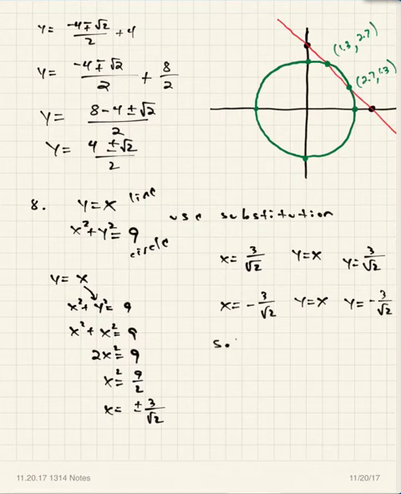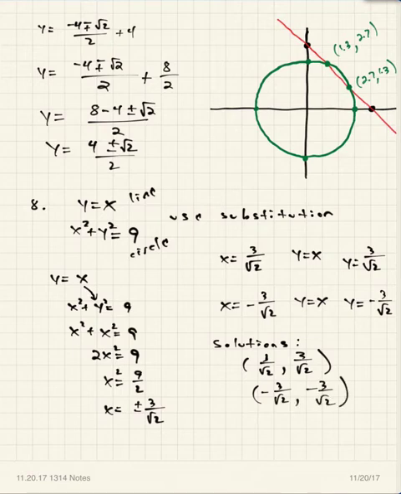And so our solutions here, I didn't go to the graph in this case, are going to be (3 over the square root of 2, 3 over the square root of 2), and (negative 3 over the square root of 2, negative 3 over the square root of 2). Those would be the solutions to that system.